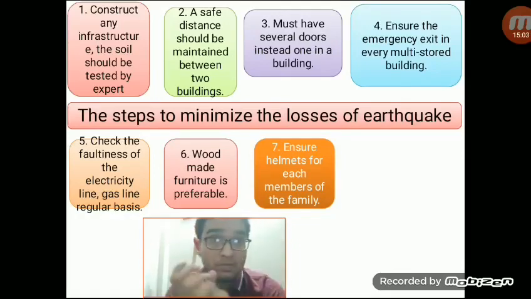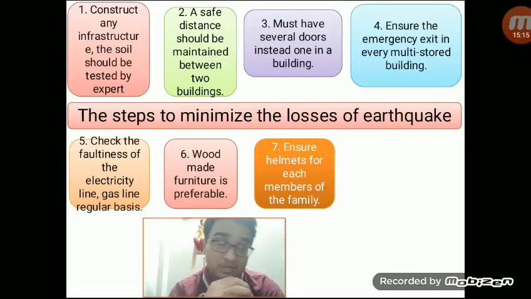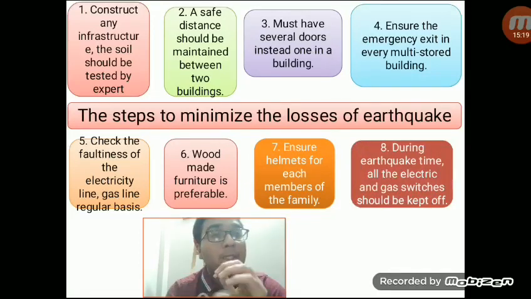Number 7, ensure helmets for each member of the family. This is very difficult, to keep helmets in our houses, but we should try to keep some helmets in our houses. And during an earthquake, all the electric and gas switches should be kept off.